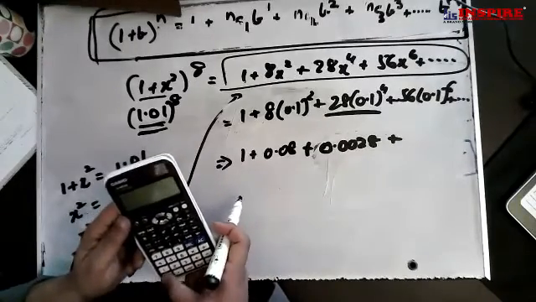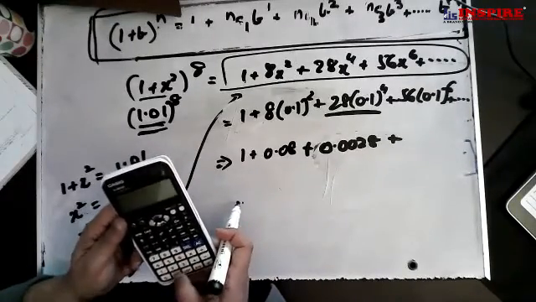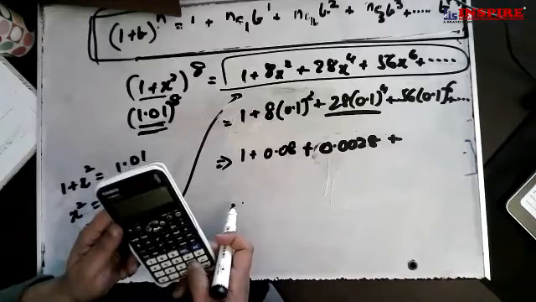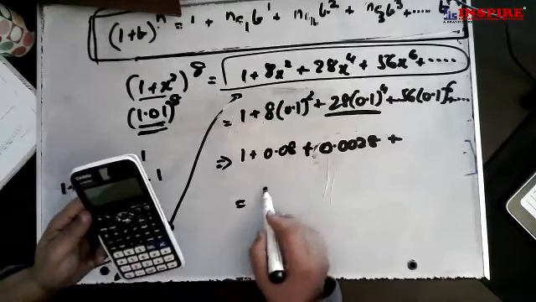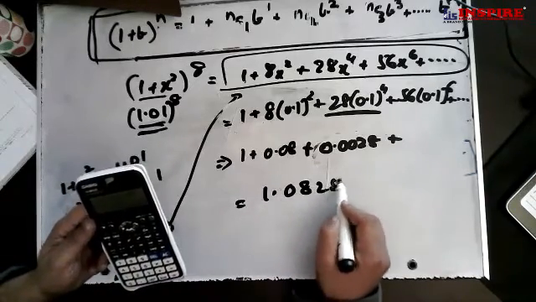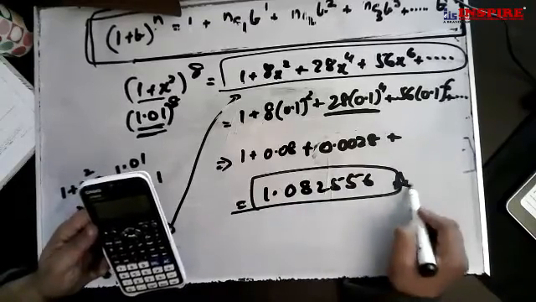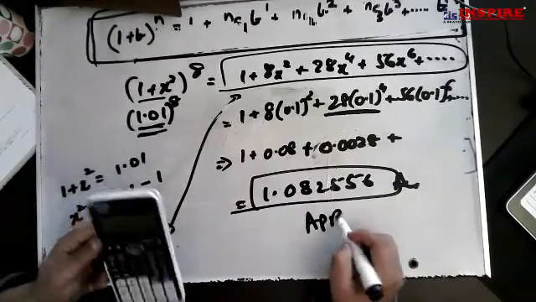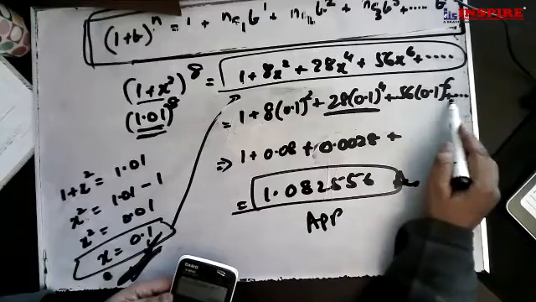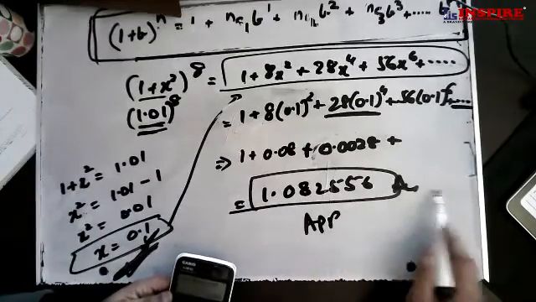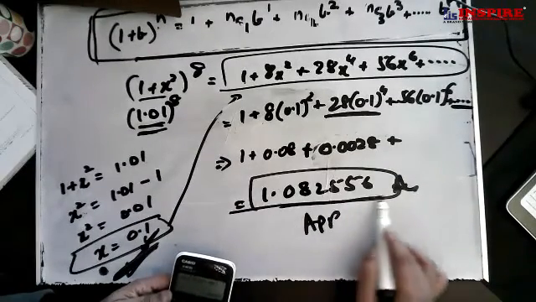Add it with 0.0028 plus 0.08 plus 1, and the answer turns out to be 1.082856. This is your final answer, and this is an approximation because you did not expand it totally. You can continue further, but this is what you get.